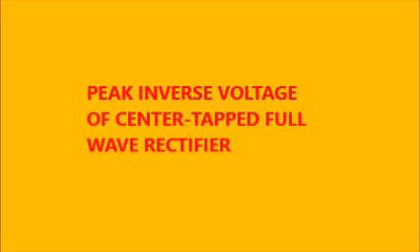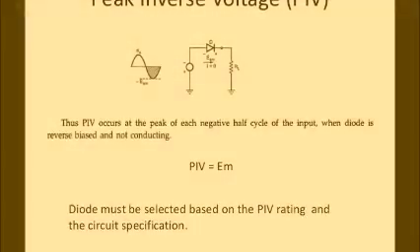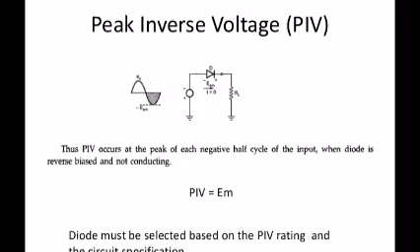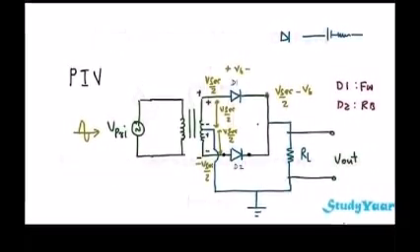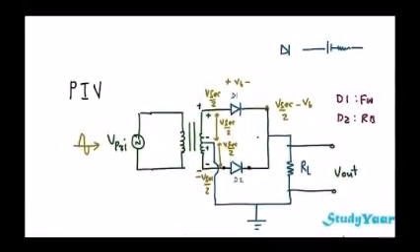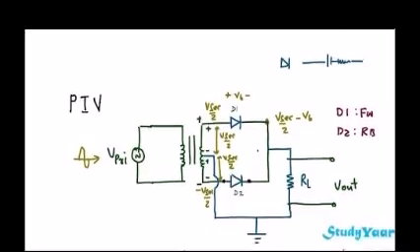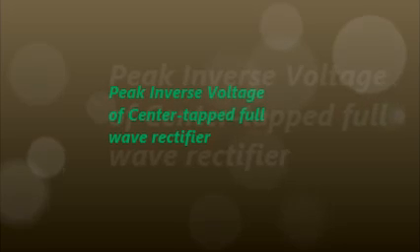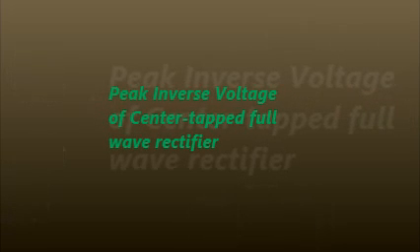PIV of center tap full wave rectifier. PIV is the maximum possible voltage across a diode during its reverse bias period. Let us analyze the PIV of the center tap rectifier from the circuit diagram. During the first half or the positive half of the input AC supply, the diode D1 is positive and thus conducts and provides no resistance at all.